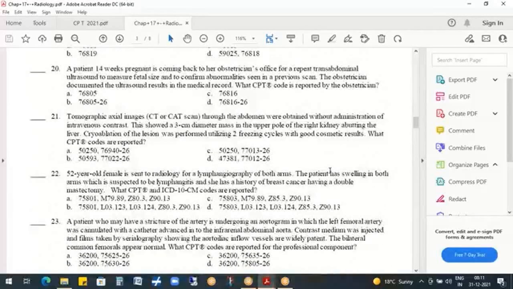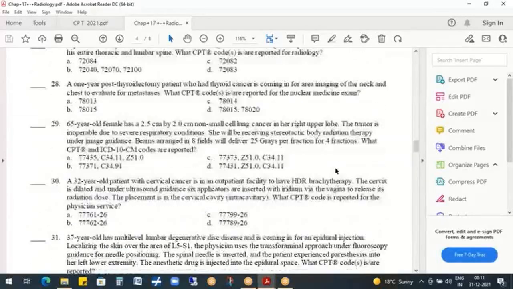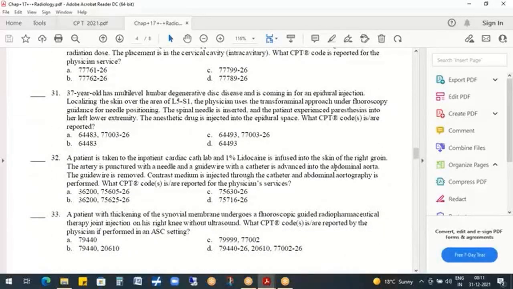Now you can do one more question. Can you go with question number 31? Directly go with the codes and you can understand. If guidance is a part, do not code guidance separately.